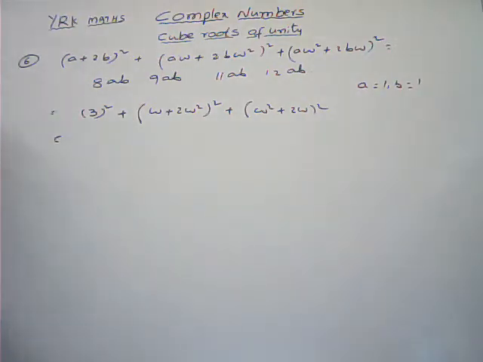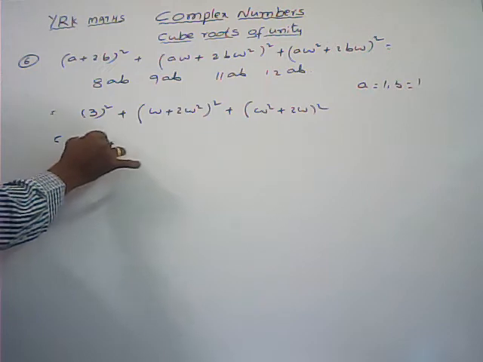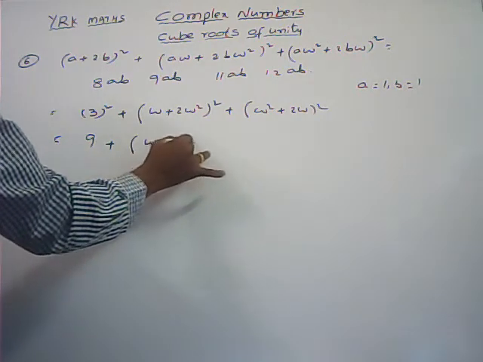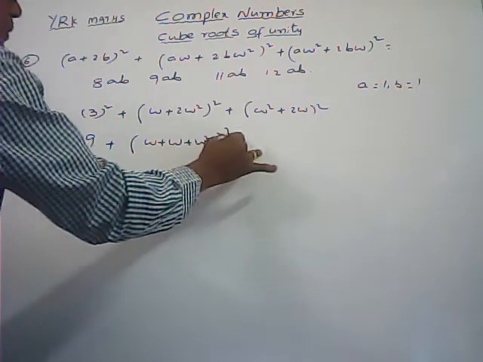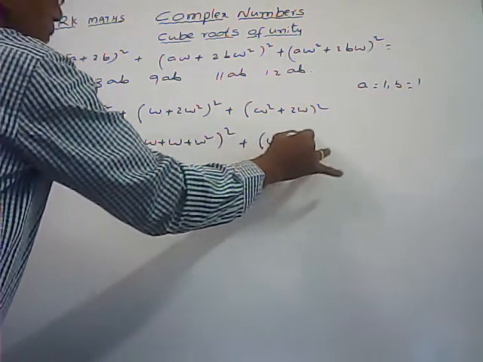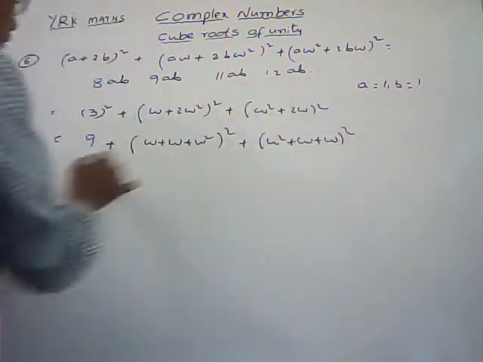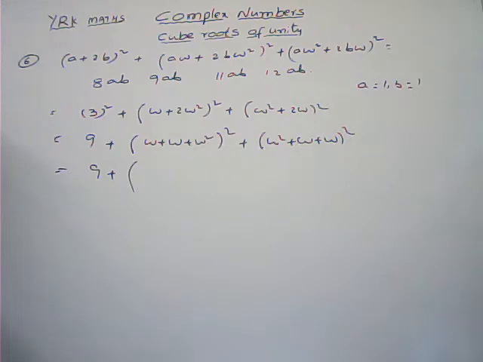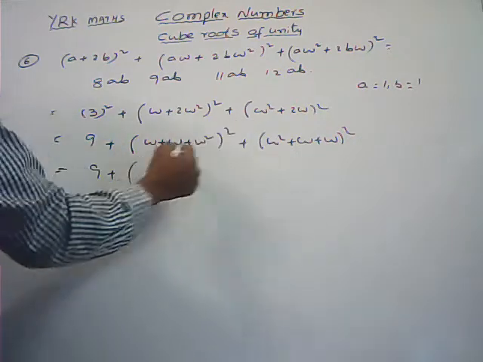That is equal to, now here we can simplify this one. This is 9 plus 2 omega square, we can write omega plus omega square whole square plus, here also omega square plus omega we can write whole square. And the sum of the cube roots of unity is 0, 1 plus omega plus omega square.